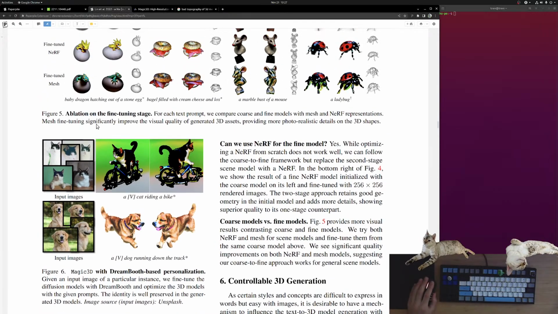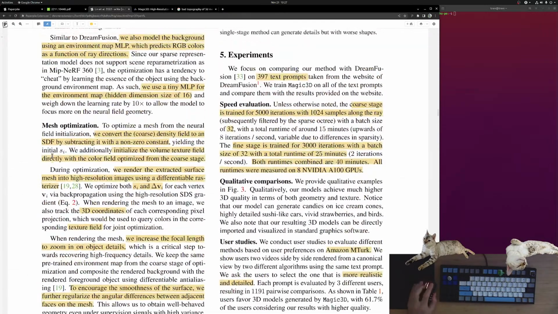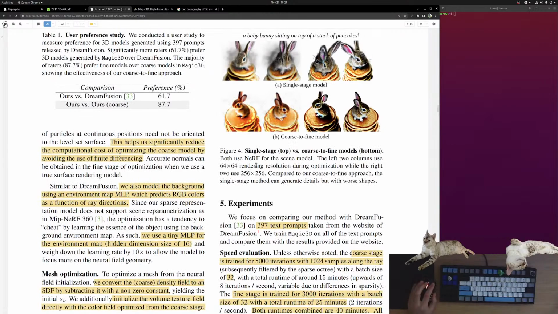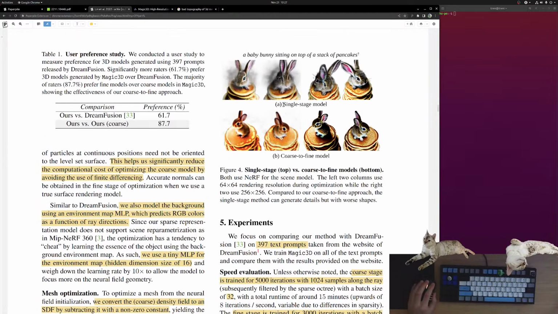Figure 4. Where's figure 4? Yeah, so they're basically saying without the extra step where they do that SDF and the tetrahedral grid and the additional regularization losses that they had, for example, the faces, right?